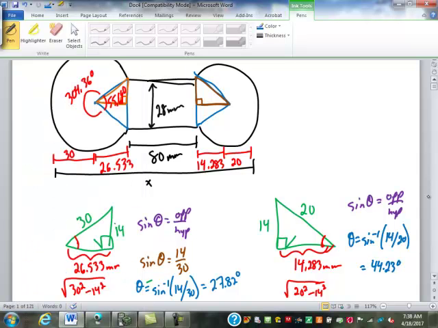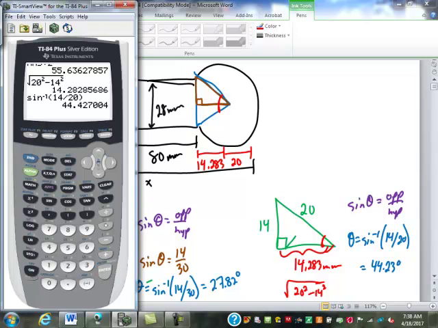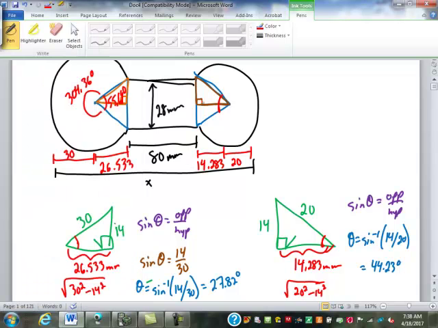Now again, we want double that. We want the whole thing here. So times 2, 88.85, which means this angle out here, which is the one we really want, is 271.15 degrees.